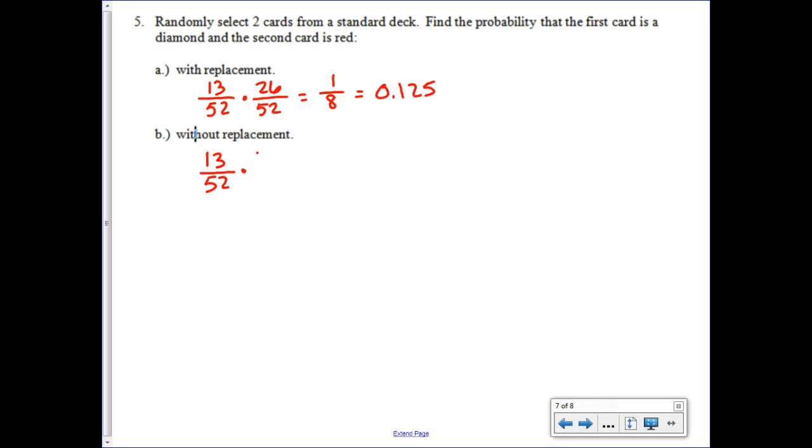So now we only have 25 red cards, and we have 51 total cards. So we get 25 out of 204, which is approximately 0.123. So we lowered the probability a little bit when we didn't replace that red card.